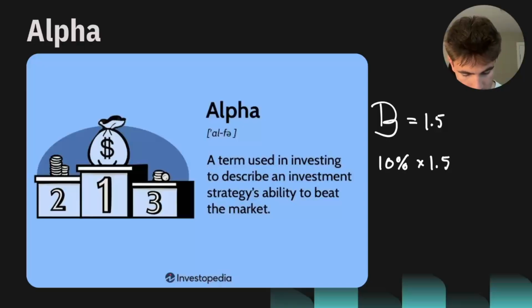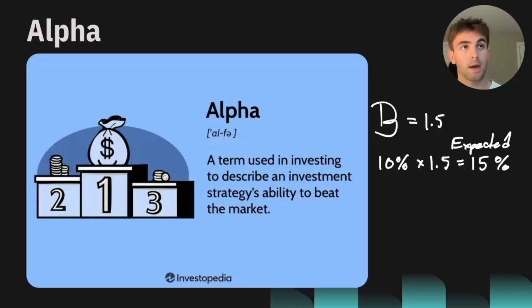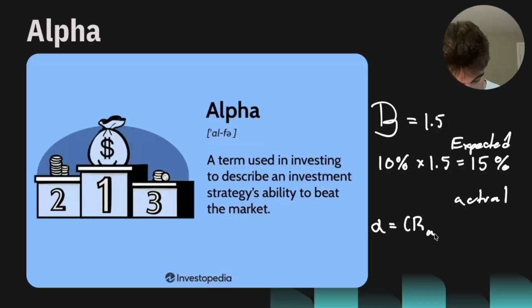And so the expected returns of this asset was 15%. And so that is the expected. Now we look at what was the actual performance. This is how you determine alpha. It's the difference between the actual and the expected returns.